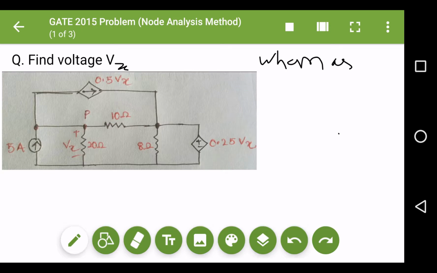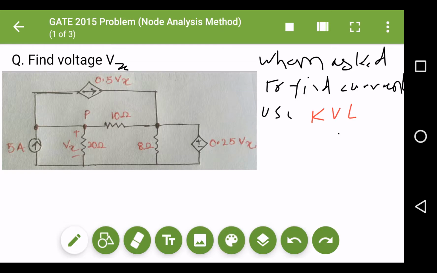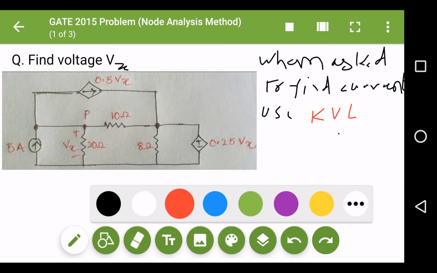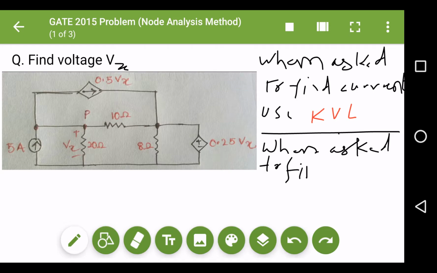And similarly, when we are asked to find the voltage, what do we use?